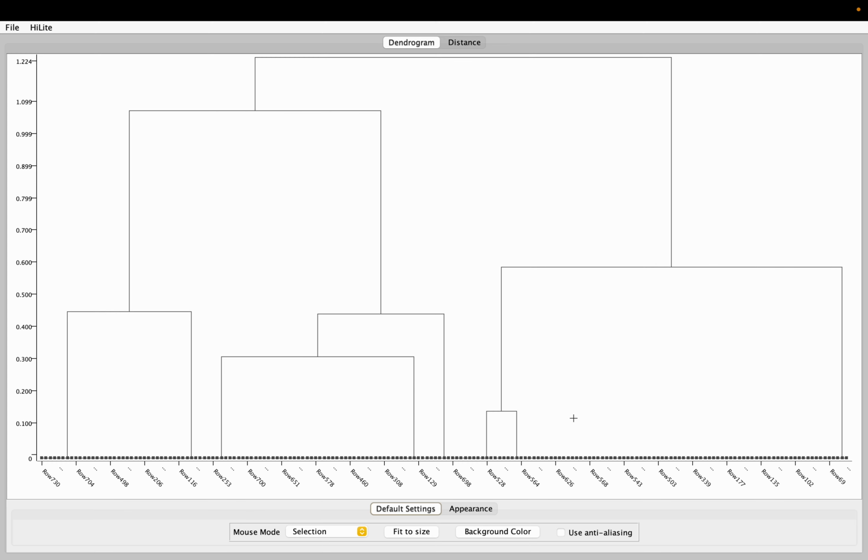In contrast, records such as row 130 or row 503 are merged only at a much higher vertical distance, which means there is a greater dissimilarity. The tree forms 3 to 4 major branches, which is suggesting a natural cluster cut at that point.